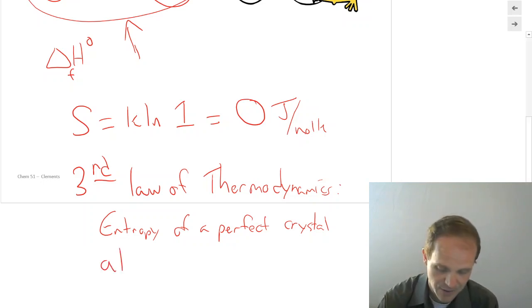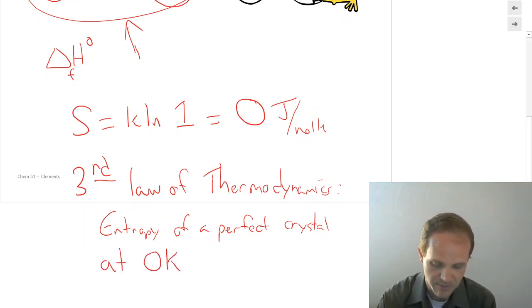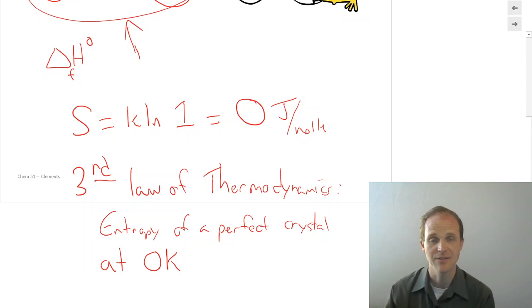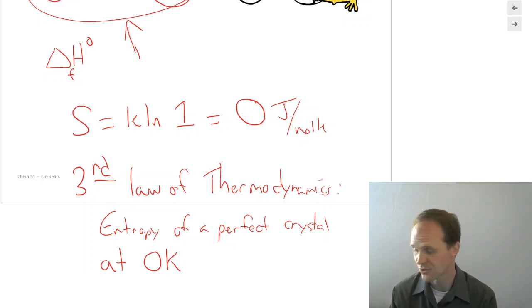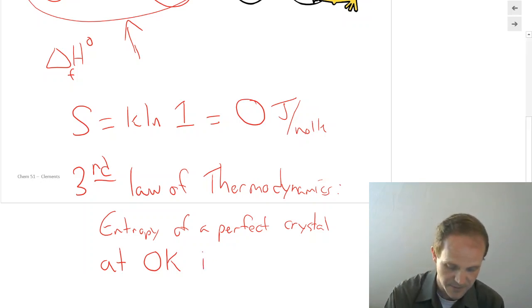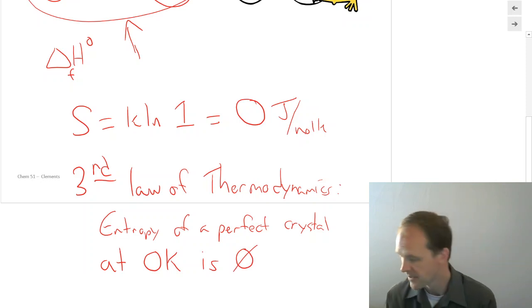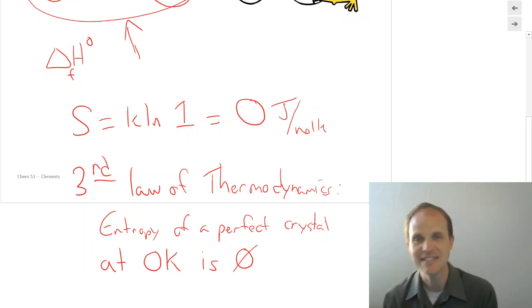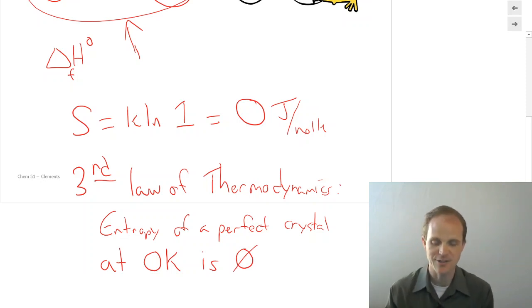At 0 Kelvin, and remember, Kelvin temperature is a measure of energy. And so at 0 Kelvin, there is 0 energy, which means there's no motion whatsoever, is 0. Right? That's it. That's really neat, right? That there's actually a third law of thermodynamics that says this thing that doesn't exist, it can't possibly exist, a perfect crystal, has 0 entropy at 0 Kelvin.